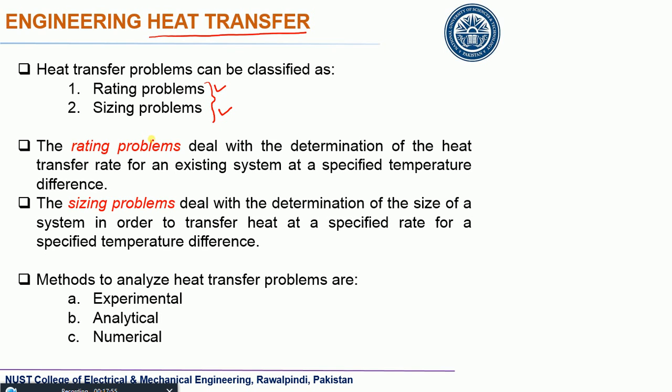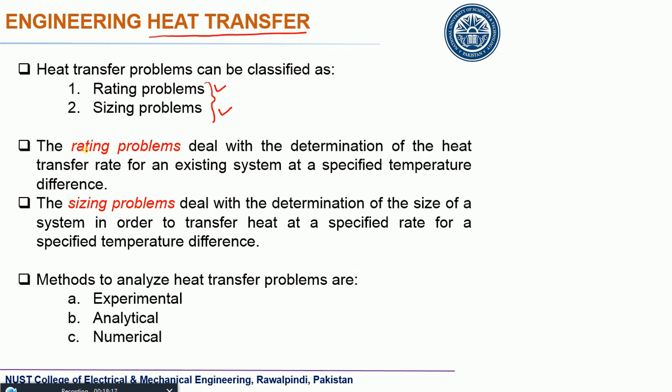In rating problems, you have machines and you need to gauge their performance. In sizing problems, you need to design the machine according to some given criteria. In heat transfer studies, you would deal with both of these problems.